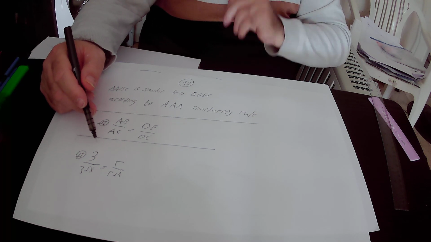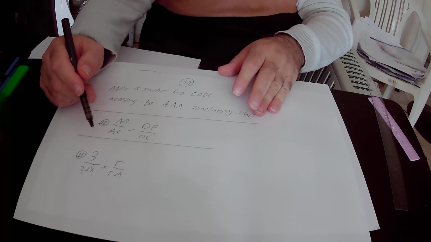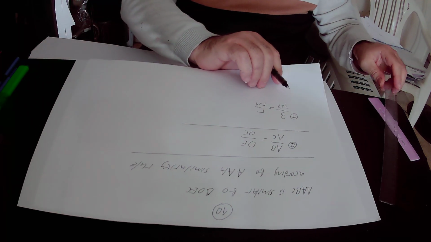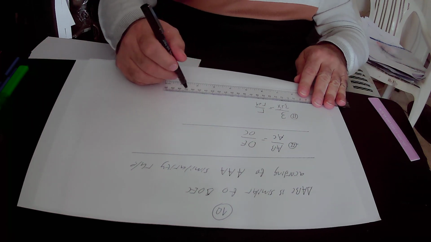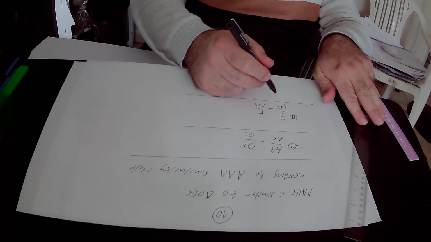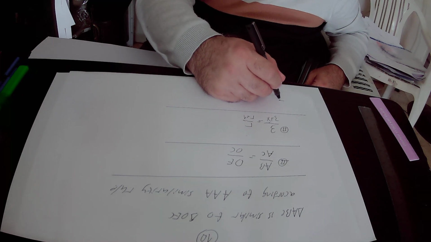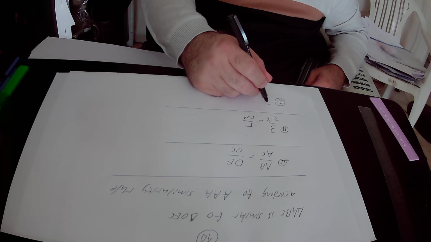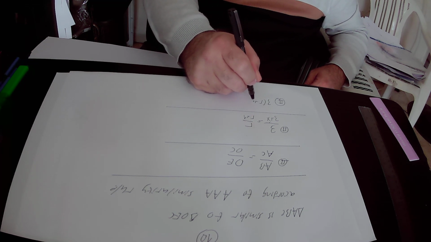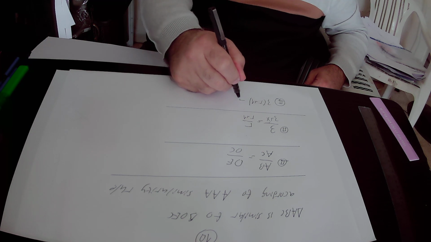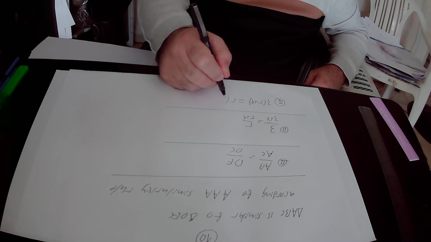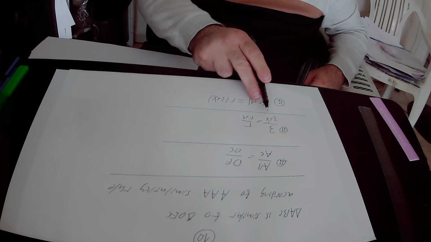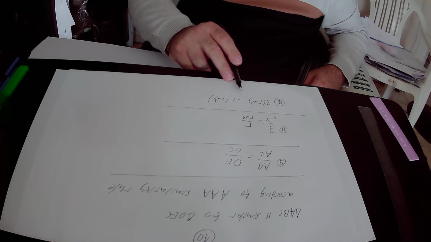Here we will cross multiply equation number 2, and we will get that 3 times R plus 1 equals R times 3 plus X. Okay, we cross multiplied this equality and got this expression.